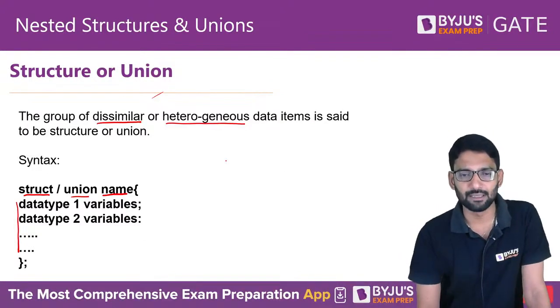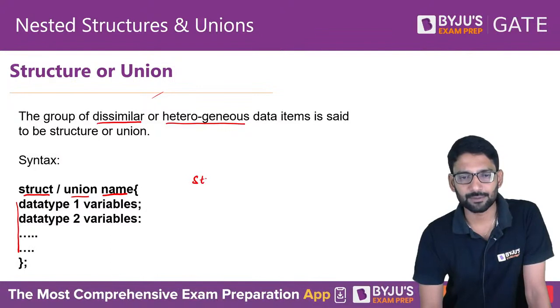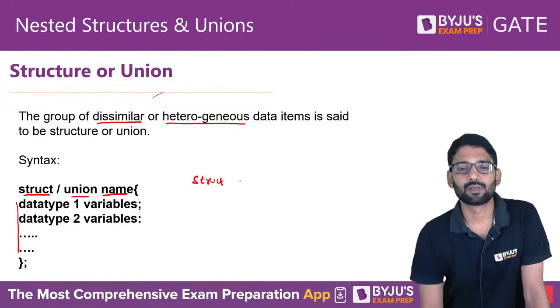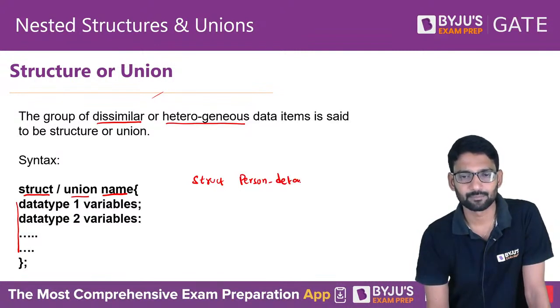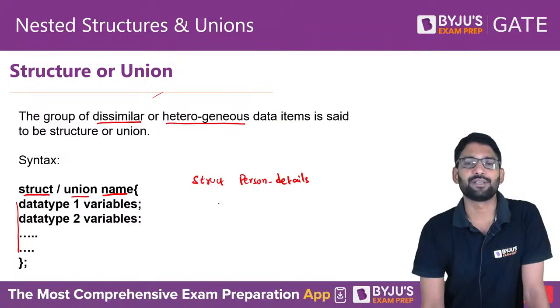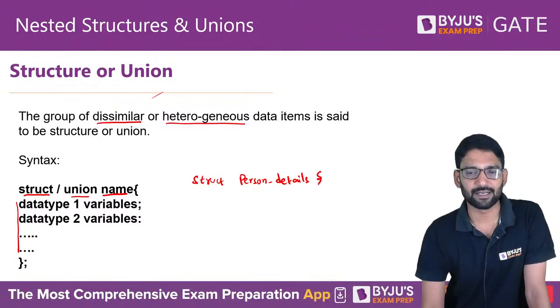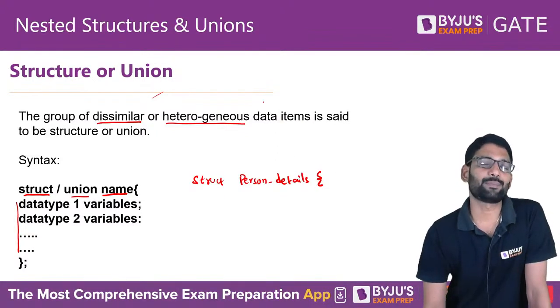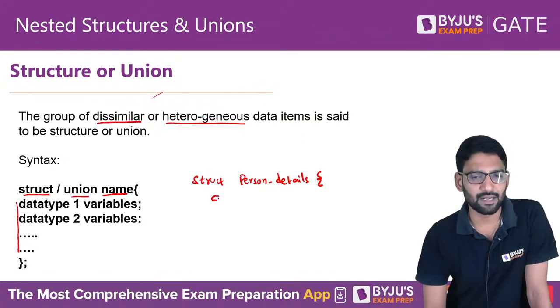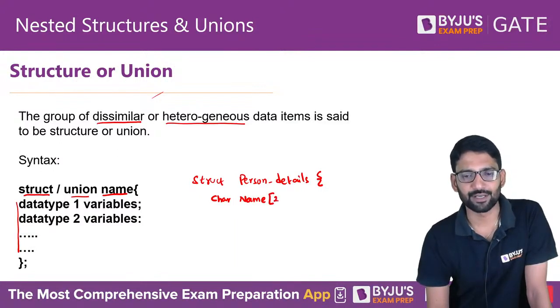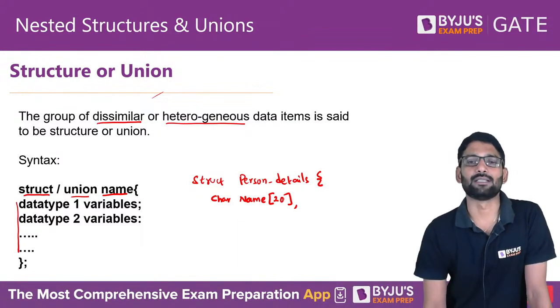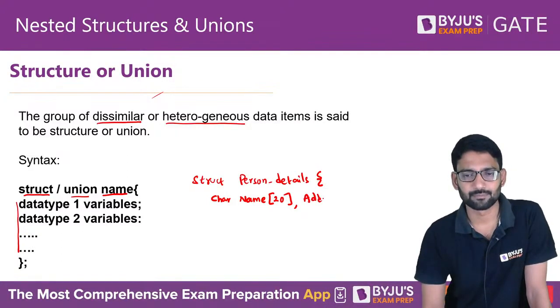For example, struct person details. Suppose I would like to create a structure as person details. What will a person have as detail? Name, so name I am creating as a string. What else? Address. What else? Gender.